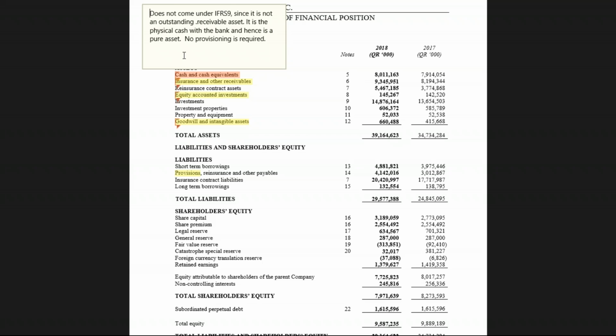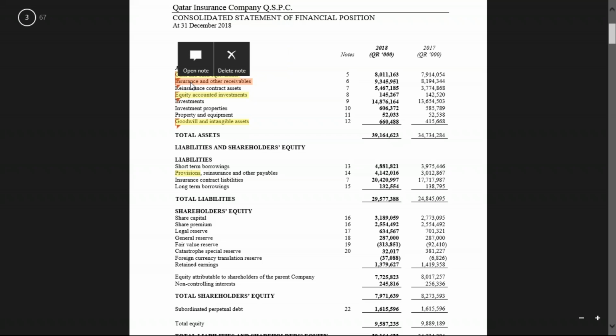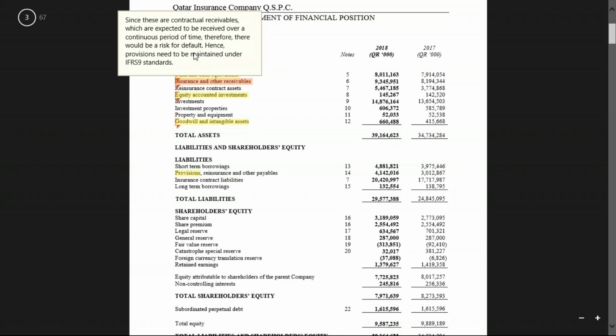The second that we talked about is the insurance and other receivables. These are contractual receivables expected to be received over a certain period of time, and therefore there would always be a risk of default by the counterparty. Hence, provisions are to be maintained under IFRS 9. It is a contractual cash flow. However, it may not be exactly the same as the SPPI criteria, because even if you have premium receivables in insurance, they do not come with any interest component, right?